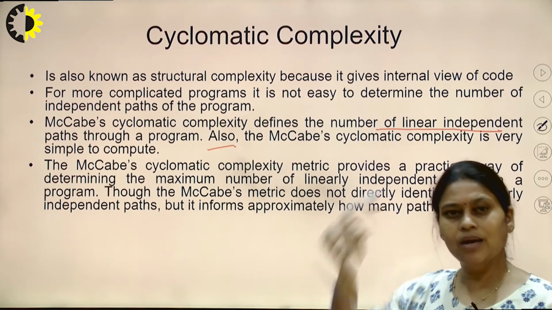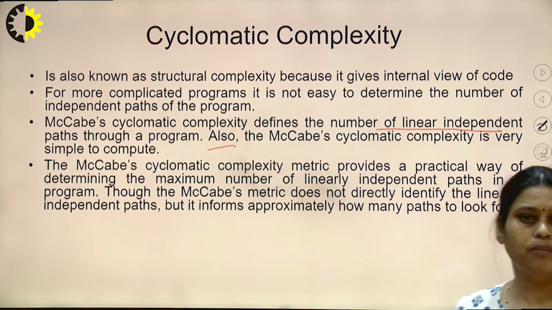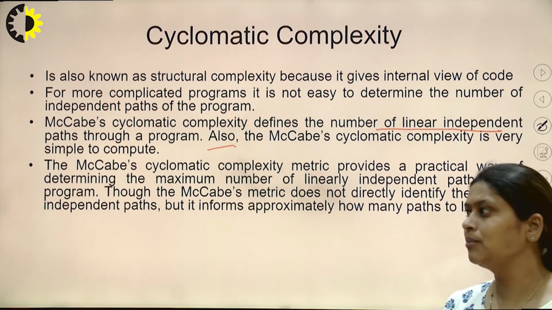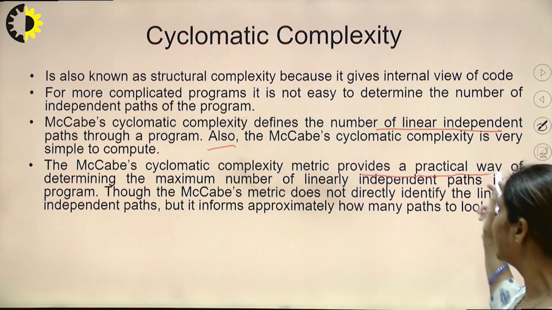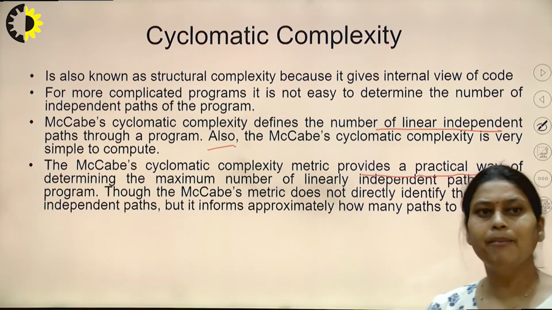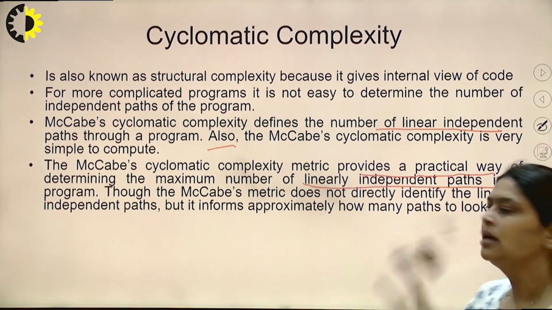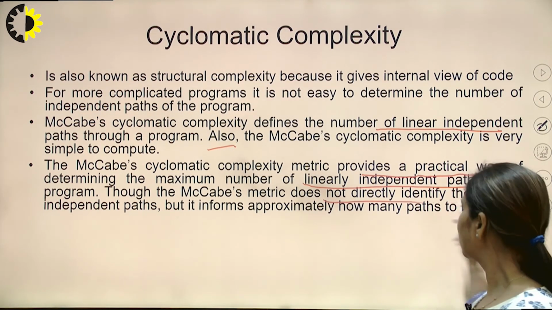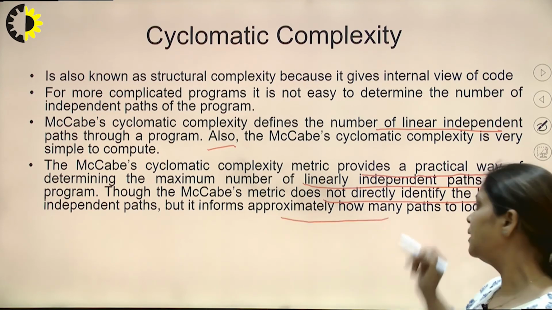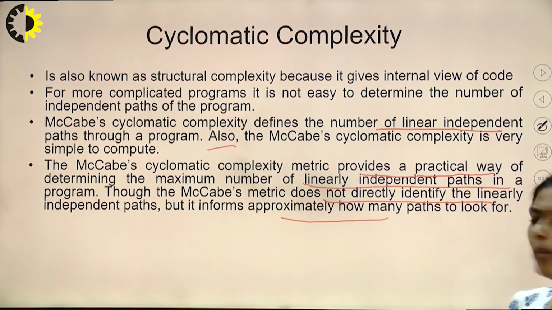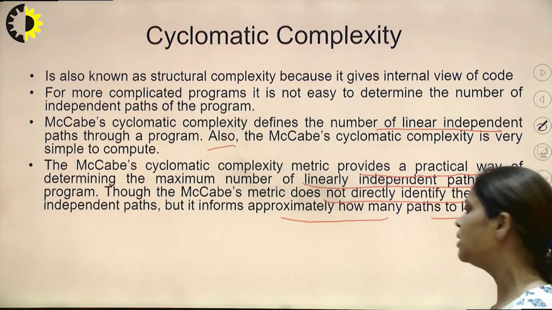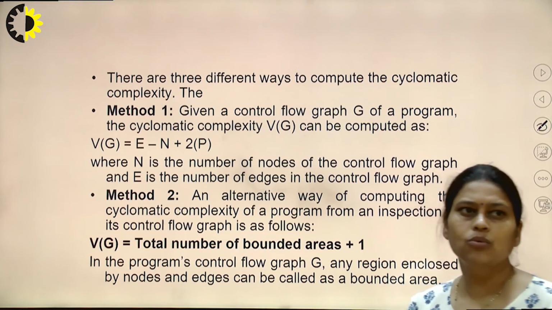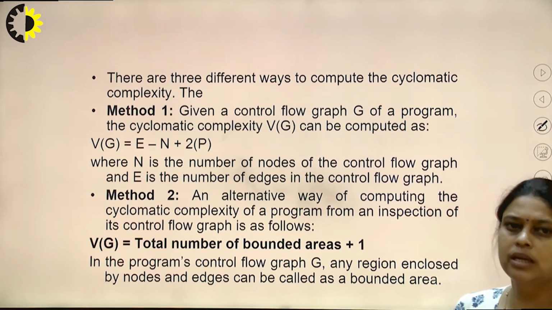This metric provides a practical view of determining the maximum number of linearly independent paths in a program. The McCabe metric does not directly identify the linearly independent paths, but it informs approximately how many paths to look for.